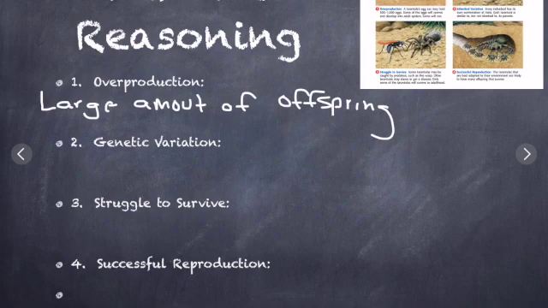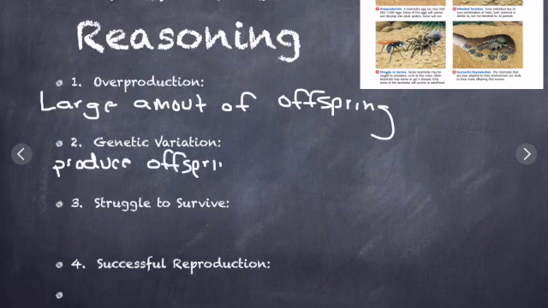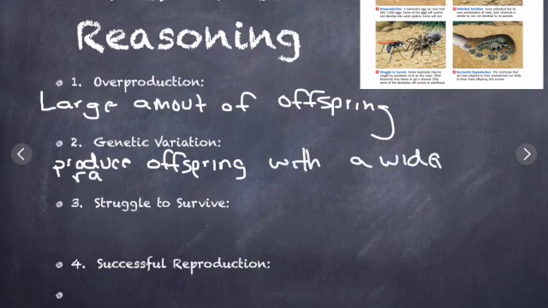Another one of his ideas was genetic variation. You want to produce offspring with a wide range of traits, and you do this for one reason: the more different traits you have, the better chance that one of them will have an adaptation that will allow it to survive the best.